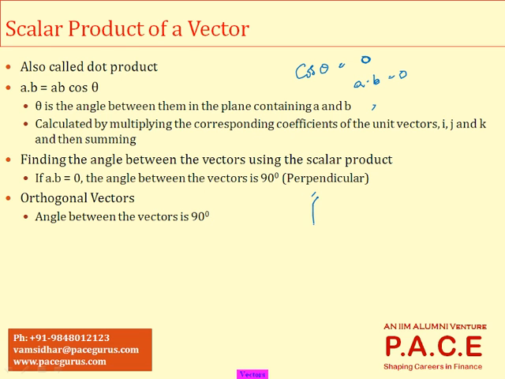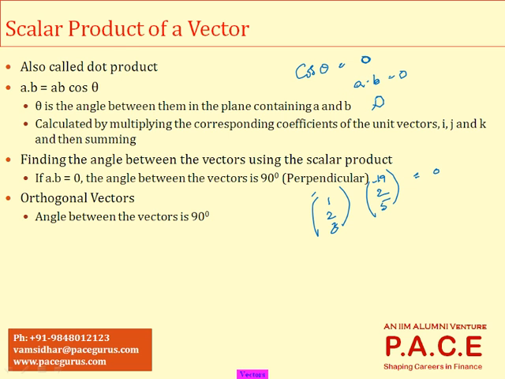So if I create something like this, let's see here, 1, 2, 3, and if I create like this, minus 19, 2, 5. Now you try to find a dot b here: 1 into minus 19 plus 4 plus 15, 0. If a dot b is 0, then obviously cos theta will be 0.